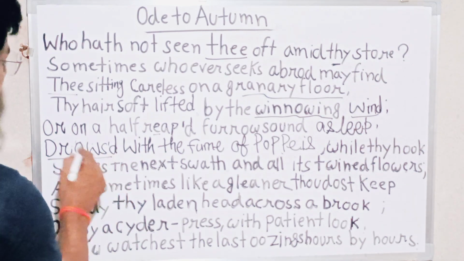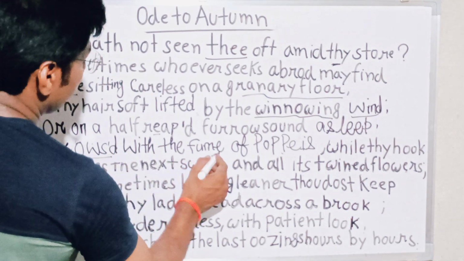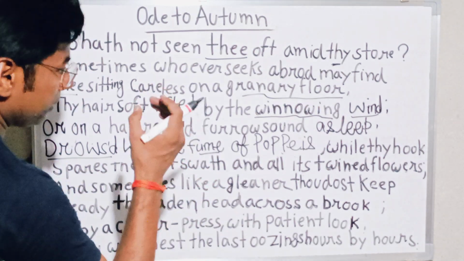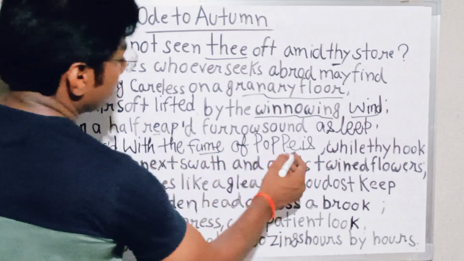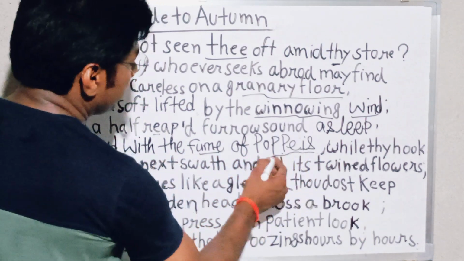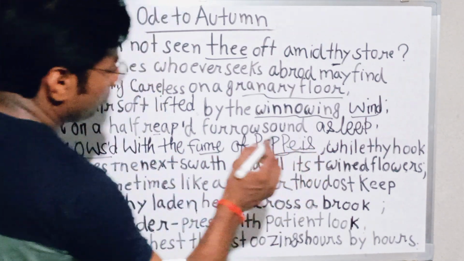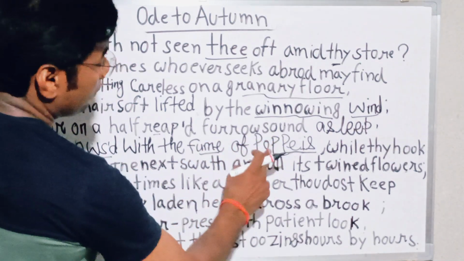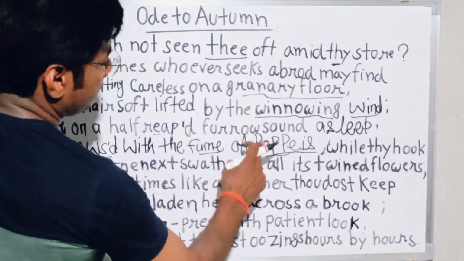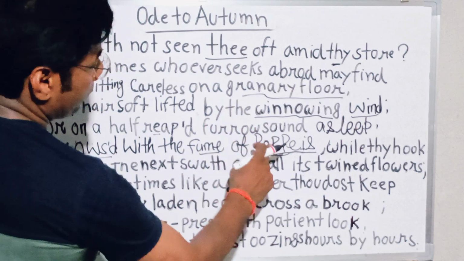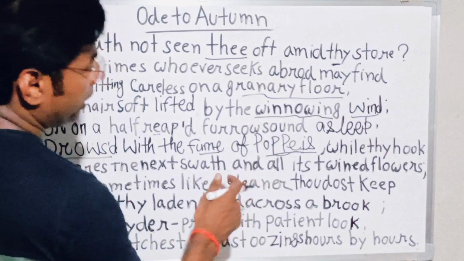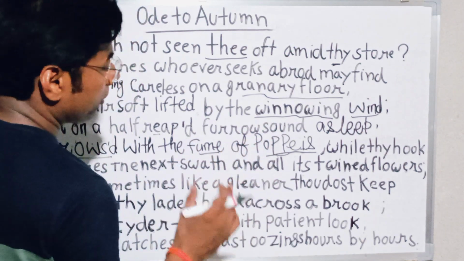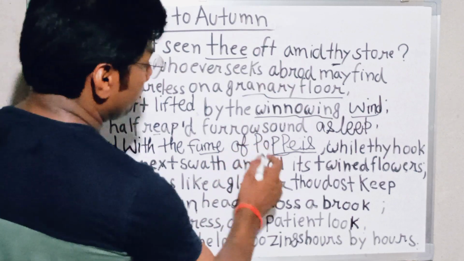Drowsed means fell asleep. Fume means a strong gas or vapor of a certain fragrance. Poppy is the name of a plant, and from the seed obtained from this plant, opium, an intoxicant, is made.